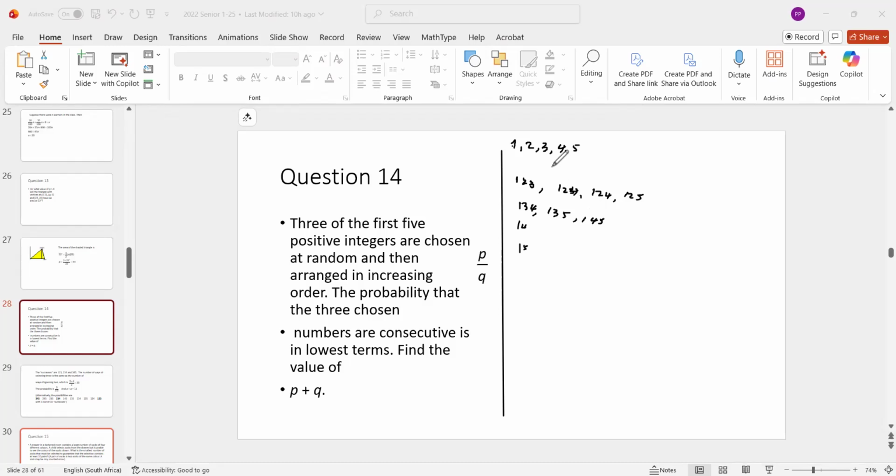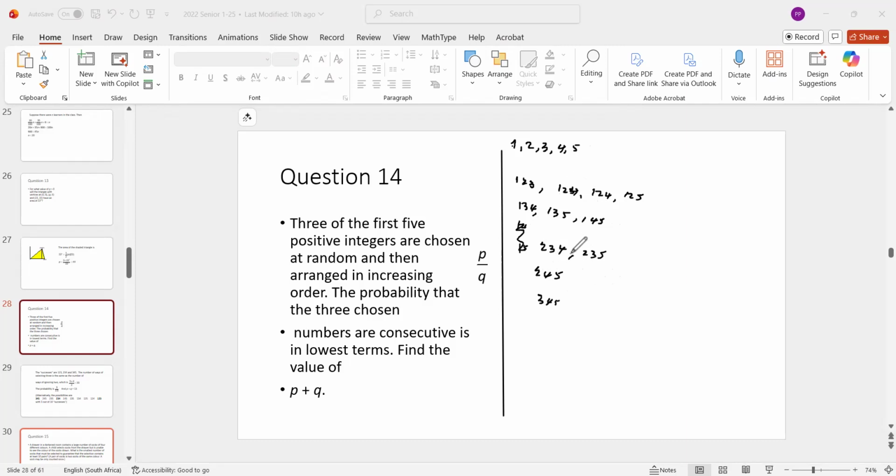Now let's start with 2. So you have 2, 3, 4; 2, 3, 5. Starting with 2, you can still have 2, 4, 5. And then you have 3, 4, 5.